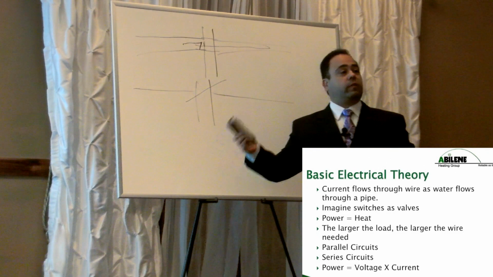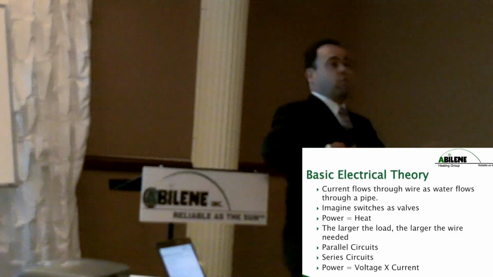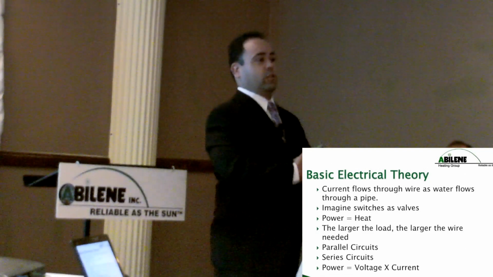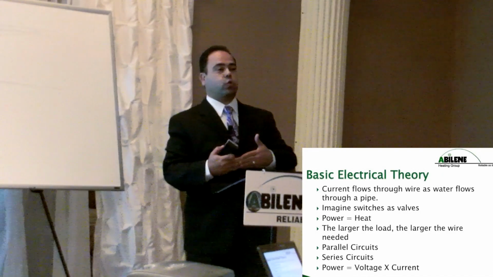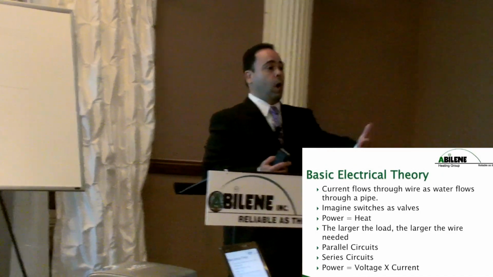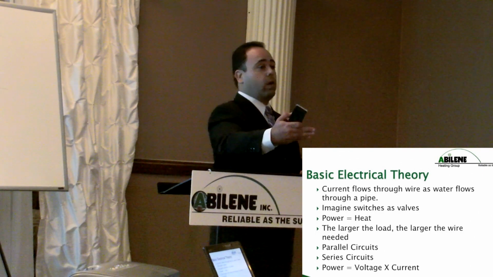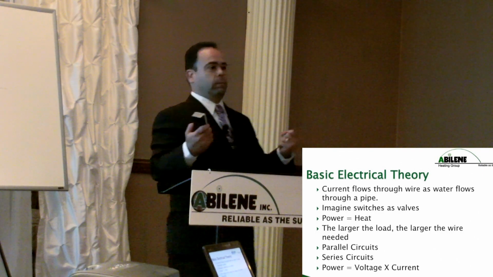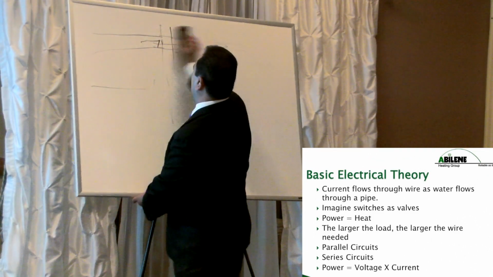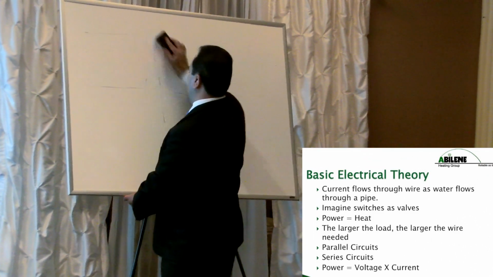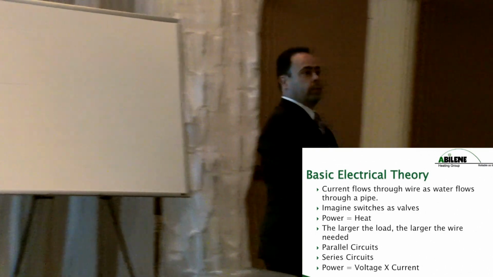Power is equivalent to heat. The more power generated, the more heat that's going to come out of that circuit. If you try and run power over a wire or a piece of copper that can't handle that amount of current, the wire is going to burn up. Our welders in the room, arc welders, arc welding is electric, right guys?